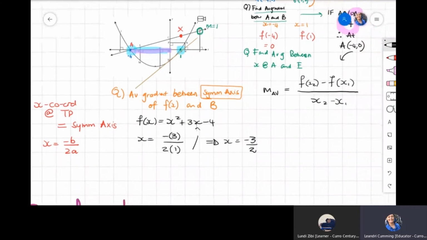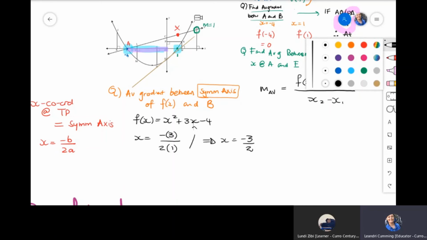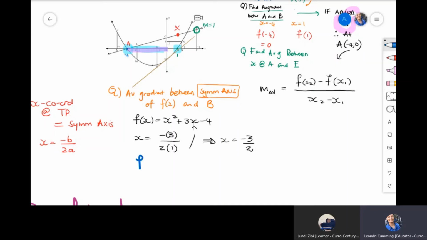But what I also need there is my y coordinate, because in this case, I need f of that value. And that's why I'll go one step further, sub it back in and get the y coordinate, which is in fact going to be the corresponding coordinate, also called the minimum value at the turning point. Therefore, f of -3/2 is the y value at that turning point.